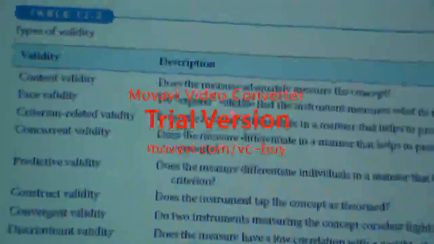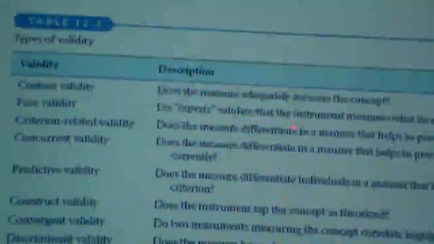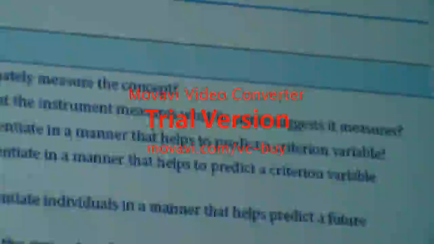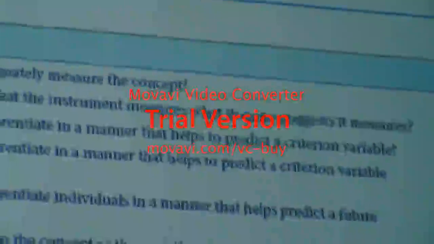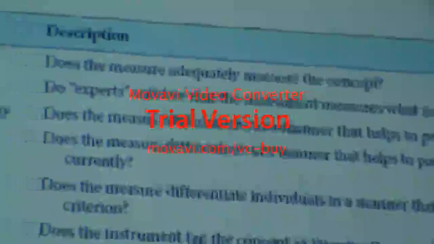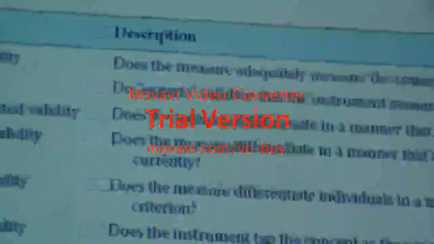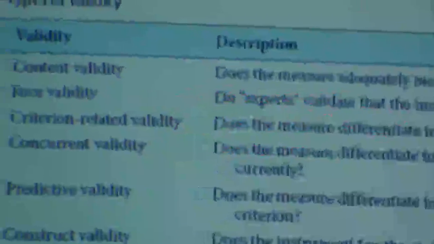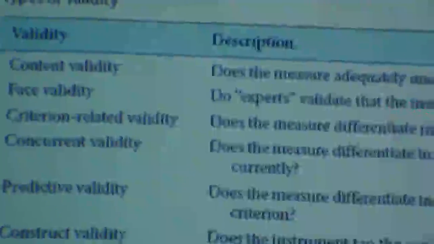Face validity: do experts validate that the instrument measures what its name suggests it measures, a mapping between the name and what it's supposed to do? If the name of this measure expresses what the measure is doing, this is what we call face validity.